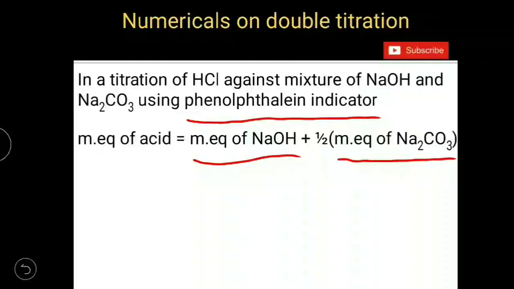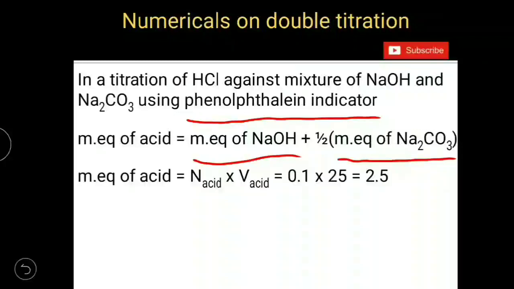Phenolphthalein indicator is able to identify only half of the neutralization of sodium carbonate. So that's why the relation is: number of milli equivalents of acid is equal to number of milli equivalents of sodium hydroxide plus half of the number of milli equivalents of sodium carbonate. And how can we find out number of milli equivalents?